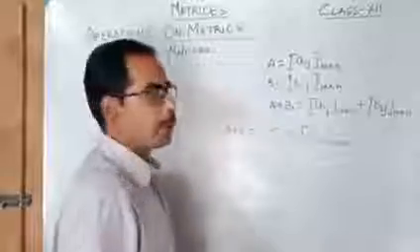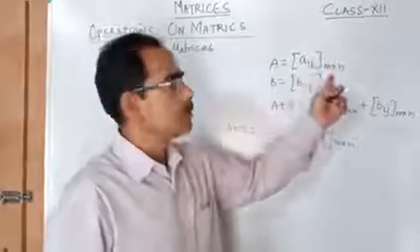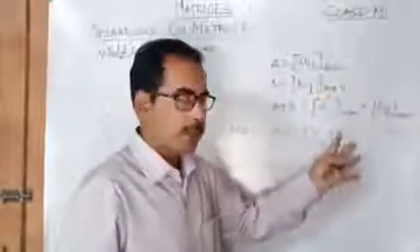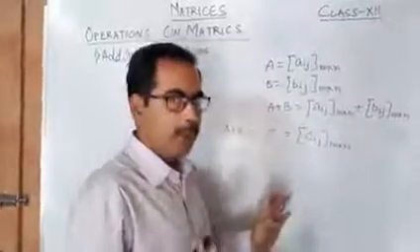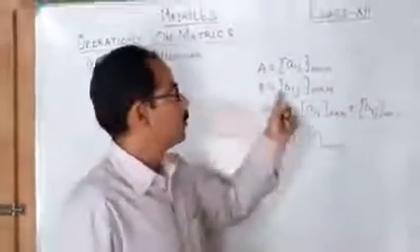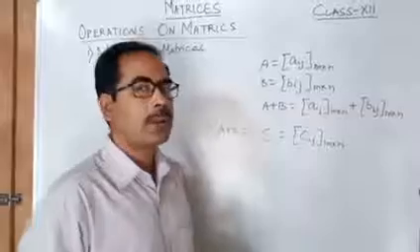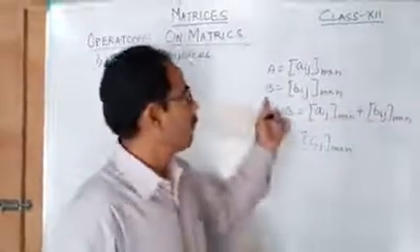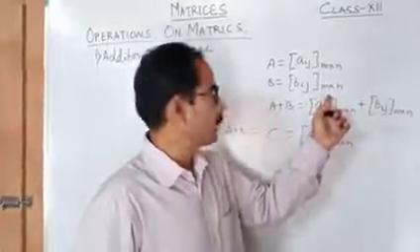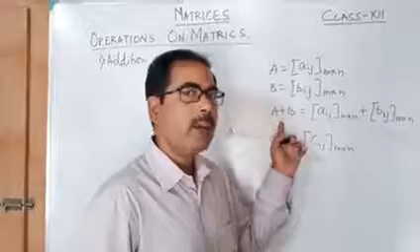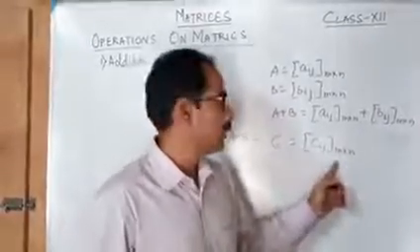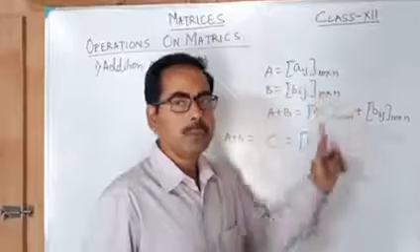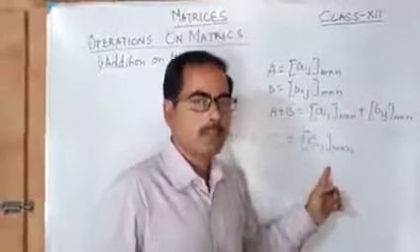What I want to say is, A can be a 2 by 2 matrix, a 3 by 3 matrix or any rectangular matrix also. Mainly we take square matrices. Whenever we do matrix addition, the result is of the same order. If I am taking 2 by 2, then the resultant matrix is also 2 by 2.